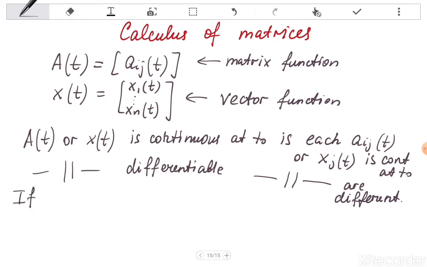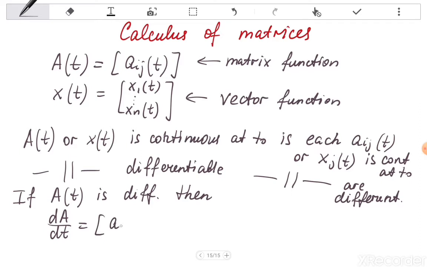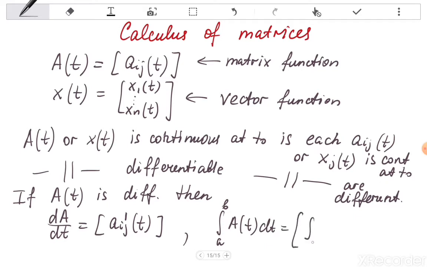So if A(t) is differentiable, then we define dA/dt as a new matrix which consists of the derivatives of the terms of the original matrix. And similarly, we can introduce the integral, let's say from a to b, of A(t) dt, as the matrix which consists of integrals of a_ij(t) dt.